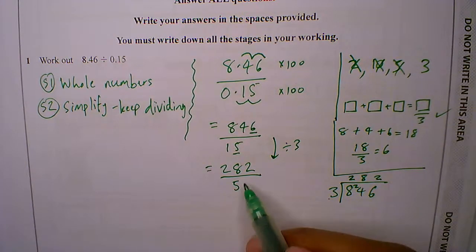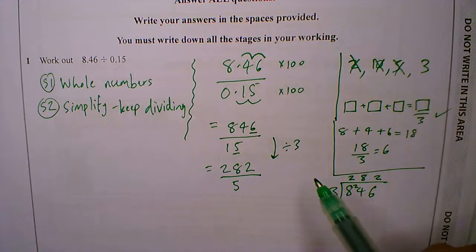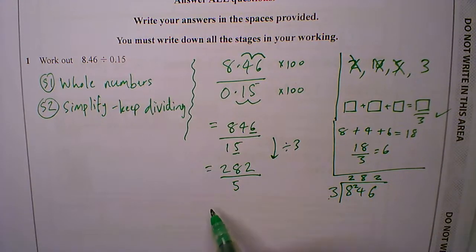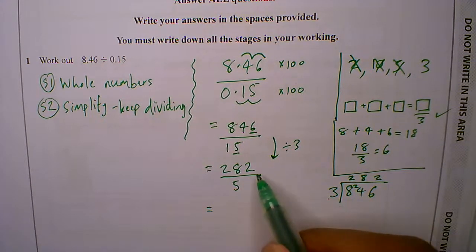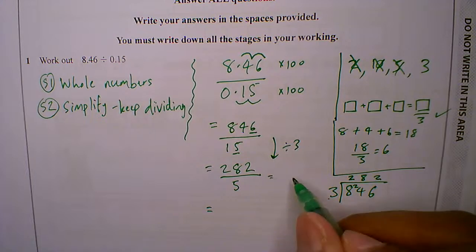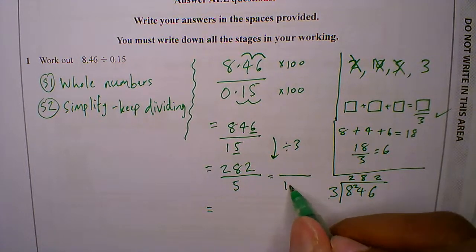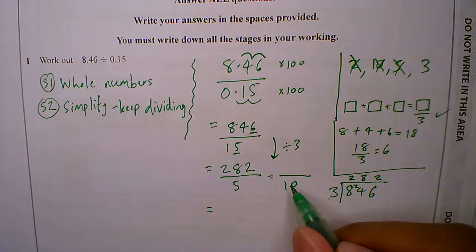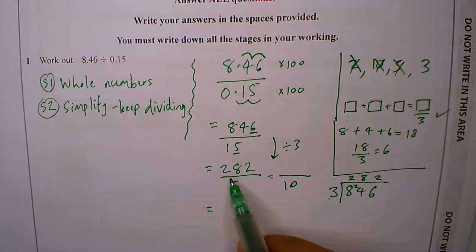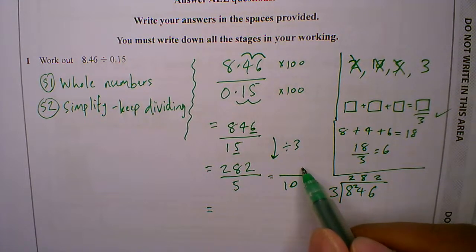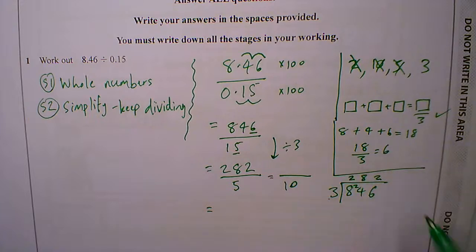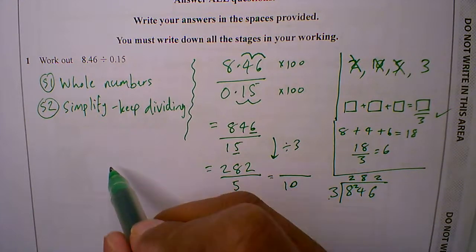Now you can see it's not divisible by 5, but what I can do is I can double this because I can go to 10. If I can go to 10, then I can easily divide this. So let me just do this twice.